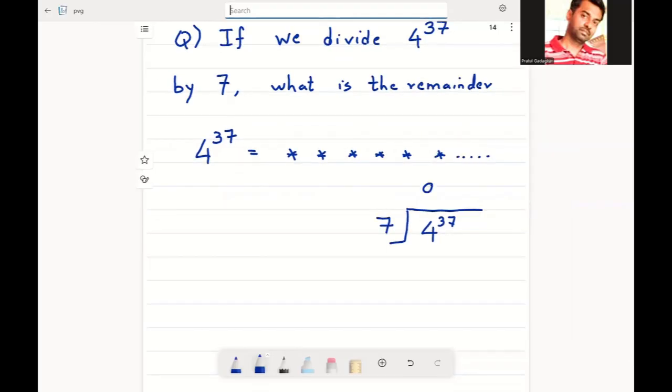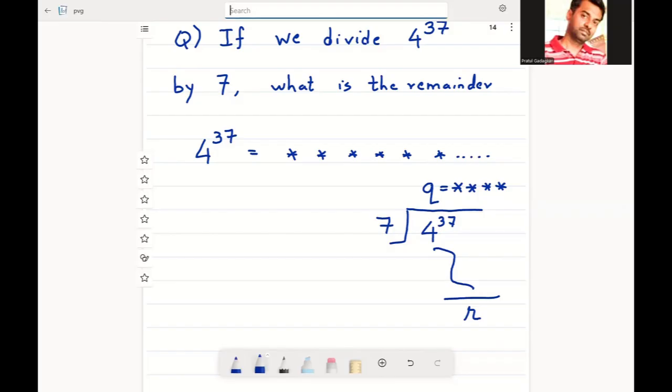Then I will get some quotient, which will also be a very large number, because I'm dividing that large number 4 raised to 37 by 7. But the remainder that I'm going to get will not be a large number.